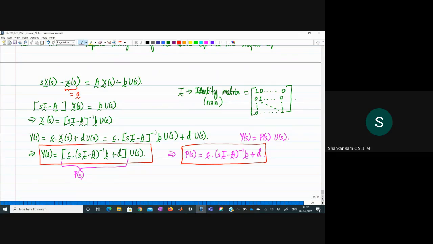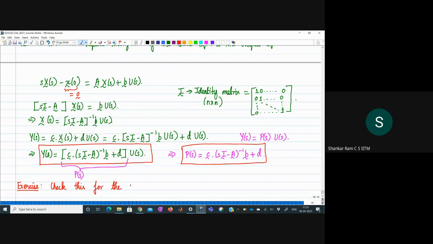If we know the state space representation, we can always find the transfer function. Then we are going to observe something even more interesting between the two representations going ahead. All right. What I want you to do as an exercise is to check this for the mass spring damper system.